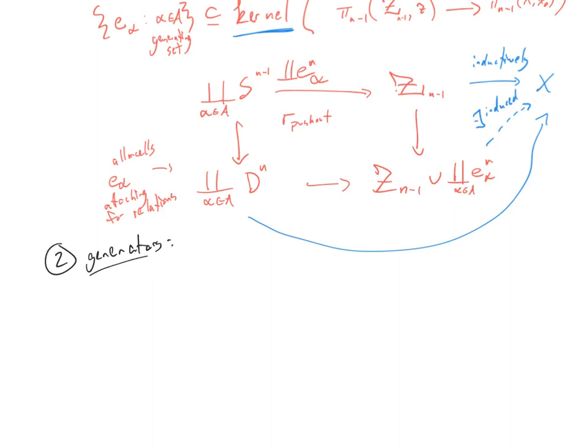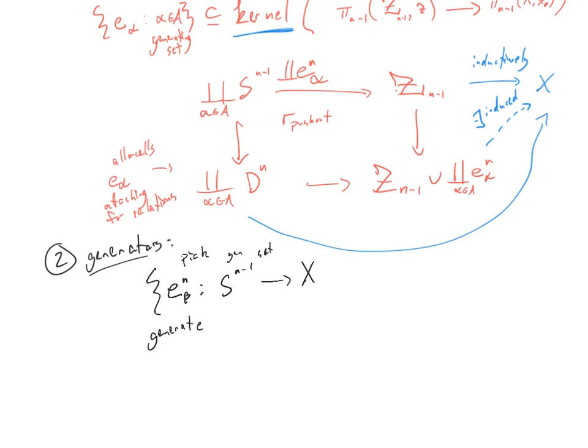So pick a generating set, let's say E n beta, of maps which are attaching, going from S n minus 1 to X n minus 1, just to X.